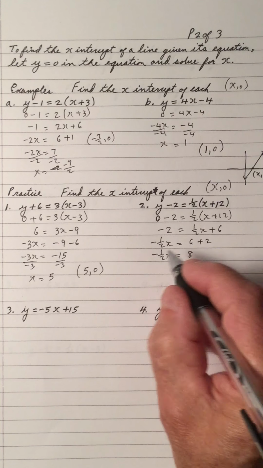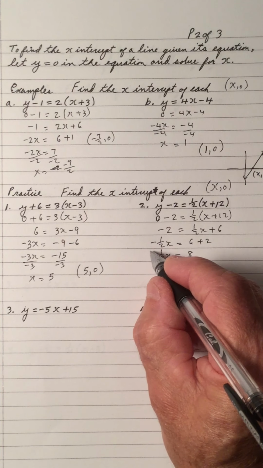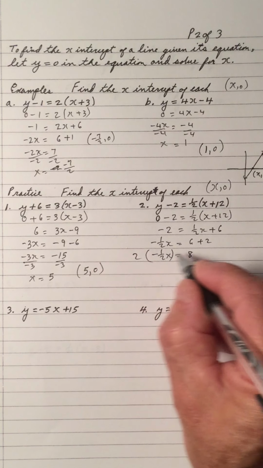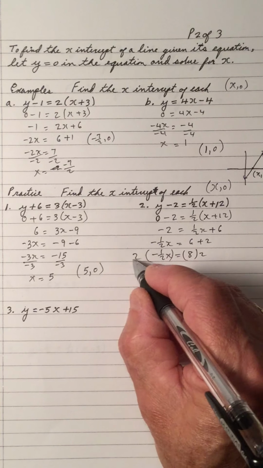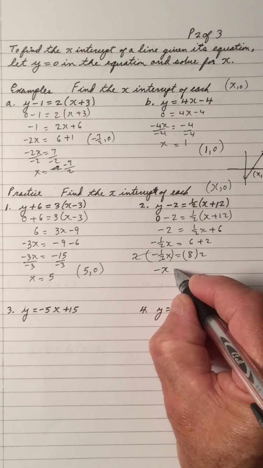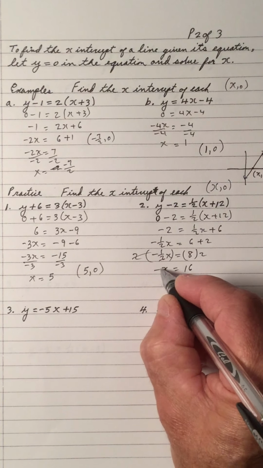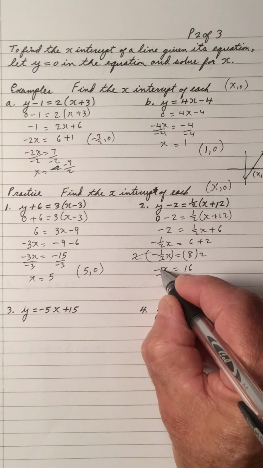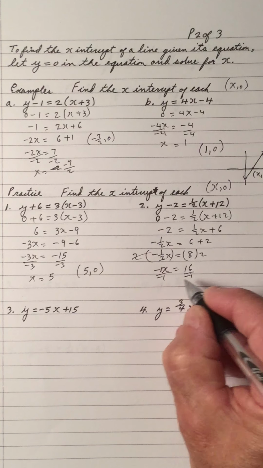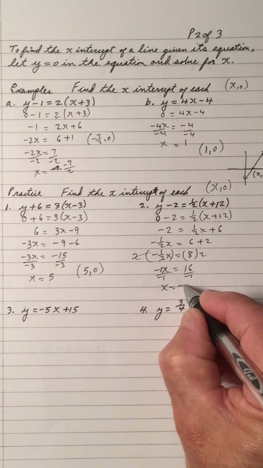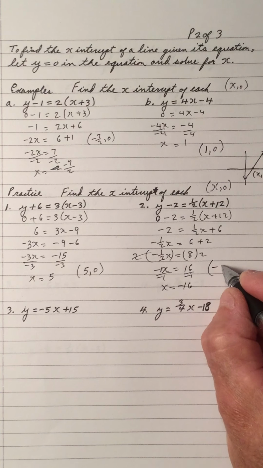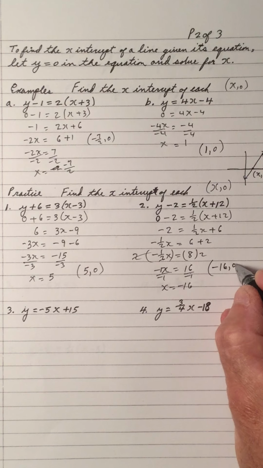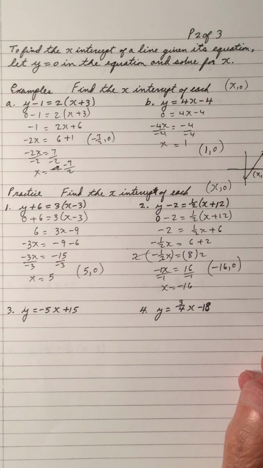And since we have a fraction, let's multiply both sides of the equation by 2. So 2 times a half, the 2's cancel, and I get a negative x equals 16. And that's a negative 1, so dividing by -1, x is equal to -16. So the x-intercept is -16, the coordinates are -16, comma 0.